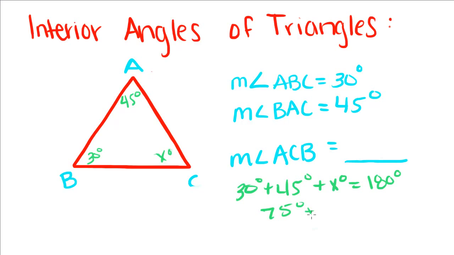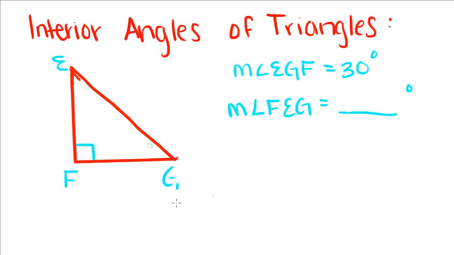If you add those up, you get 75, and if you subtract them over, you get x equals 105 degrees. So the angle of ACB is 105 degrees. So now we're going to do another example.